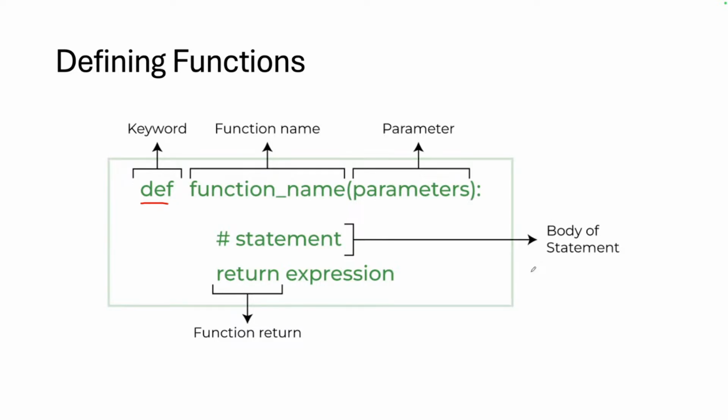And something important about functions is they can return values, so they can give a value back. So this is something called the return statement, which after this function executes, will hand back to whatever called it, whichever line of code called it. And this is the value in this case that it is handing back.